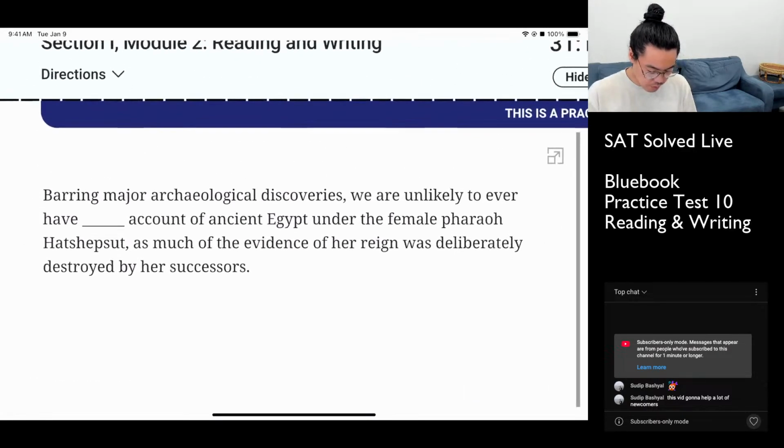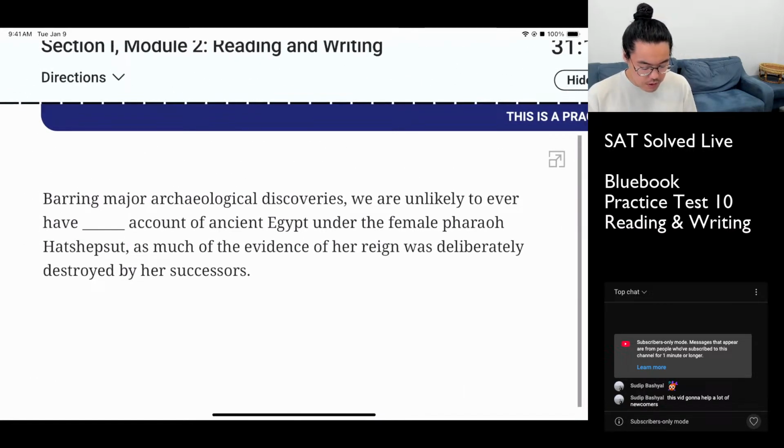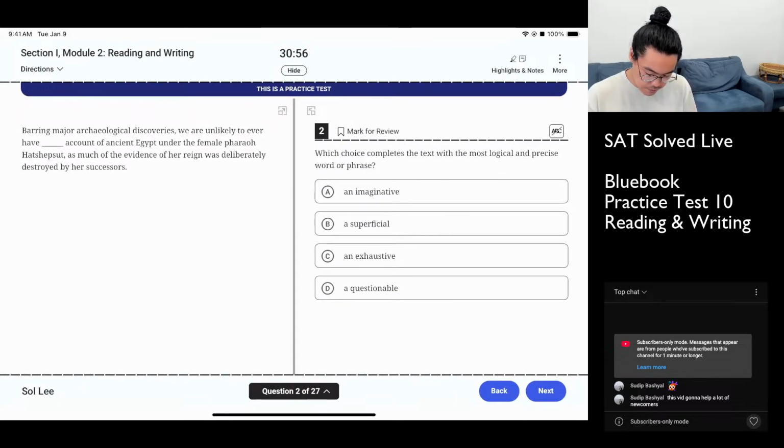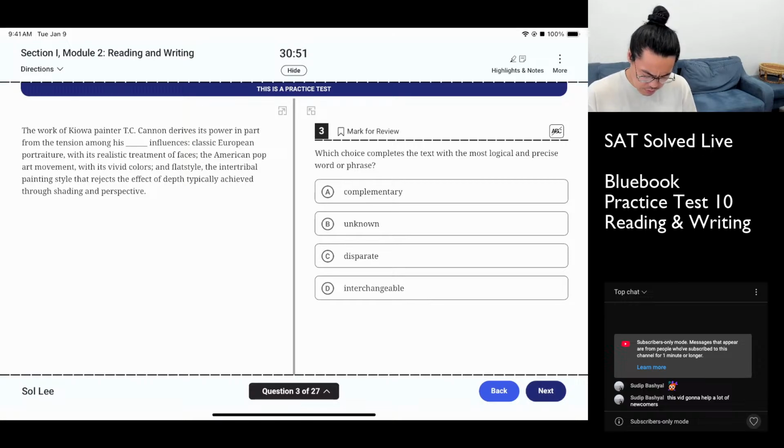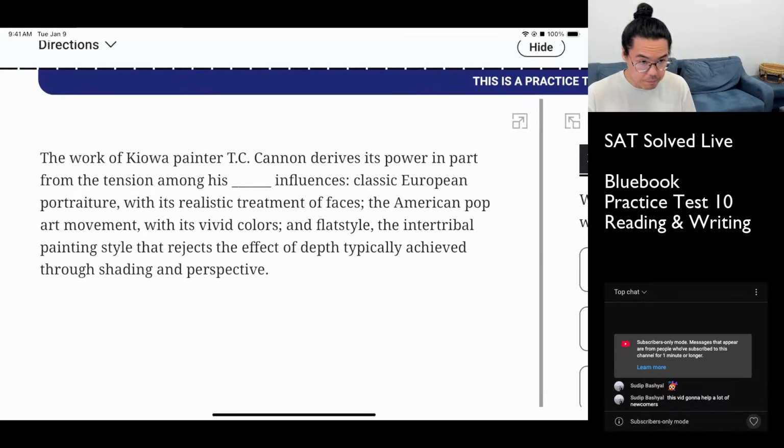Okay. Barring, as in assuming that it doesn't happen, barring these discoveries, we're unlikely to ever have a definitive account of ancient Egypt under Hatshepsut because the evidence was destroyed. A definitive account is my prediction. Exhaustive account, that is decent. Yes, that works. I think that might be the first time I've seen that question, actually.